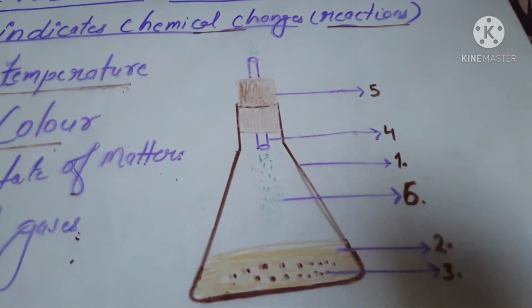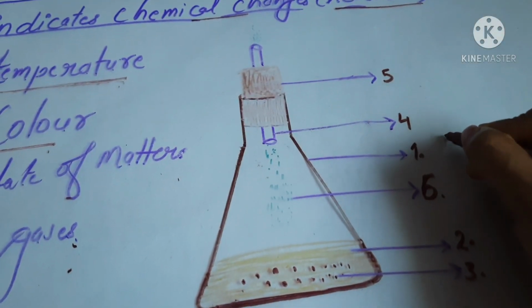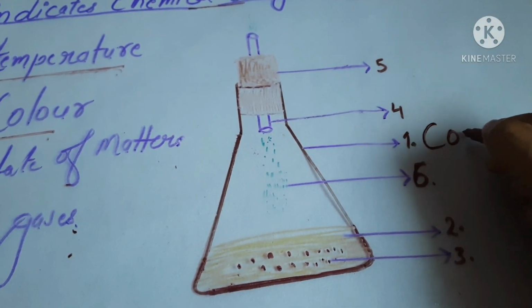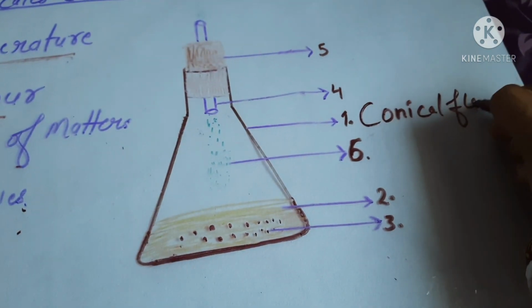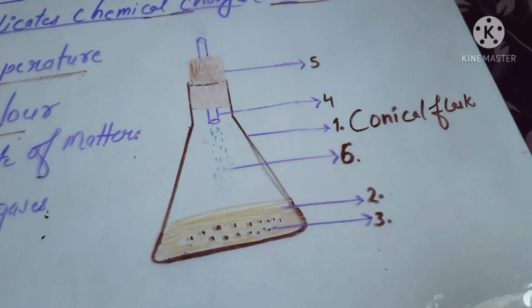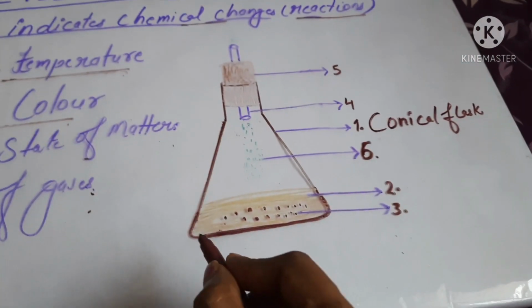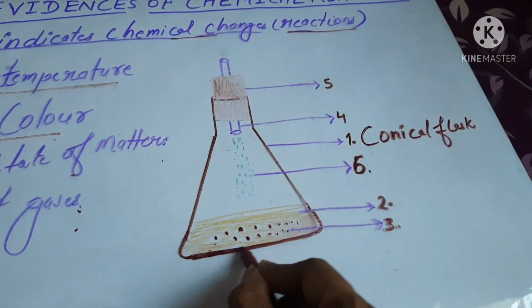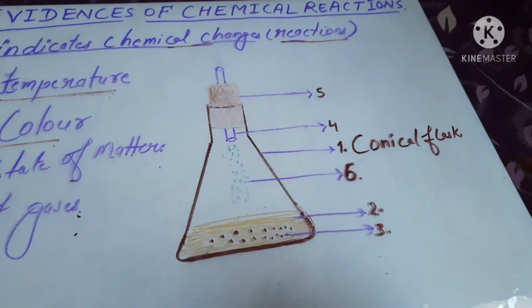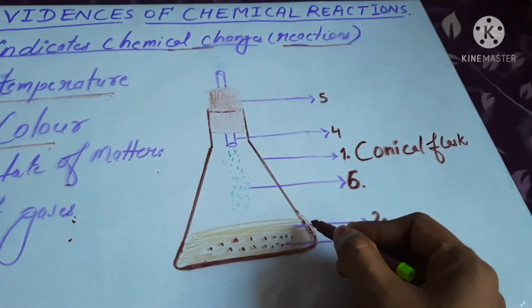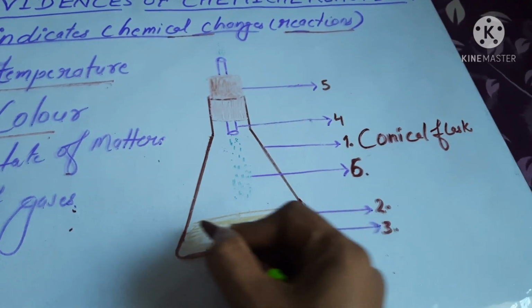Number one is the conical flask. It gets its name from its flat bottom and conical body.